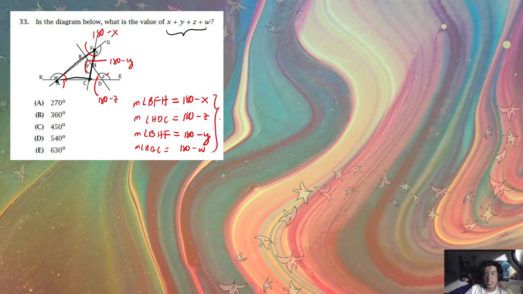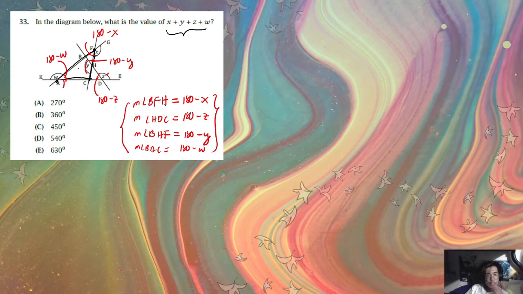Again, what are these types of angle pairs? We call these supplementary angles, and these are the supplements of the angles that we found here in our problem. So this is going to be 180 minus w. We have these four angles here, these are the supplements.